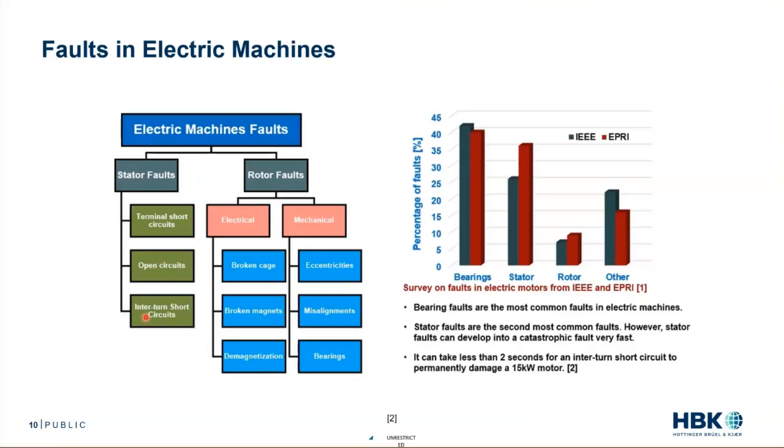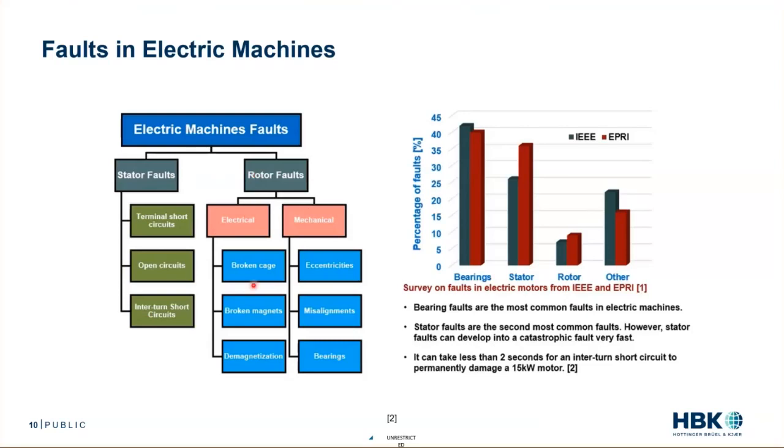Or the real fun one, and this is exciting, is turn-to-turn shorts, or inter-turn shorts, where maybe windings from two phases short together, windings from multiple coils short together, or just windings next to each other short together. And when you have shorts, you have big currents, you have heat, you have really exciting events. On the rotor side, we have electrical failures and mechanical failures.